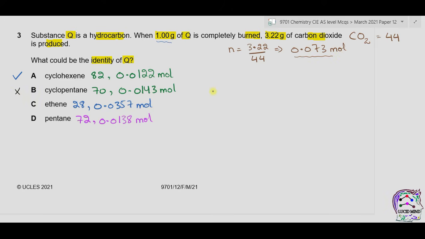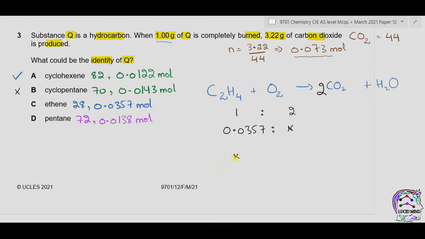Similarly for ethene, the formula is C2H4. This is the combustion equation. Let's balance the number of carbon atoms. We have 2 carbon on the reactant side, so it will be 2 CO2. So 1 mole of this hydrocarbon produces 2 moles of CO2. So 0.0357 moles will produce X moles of CO2.